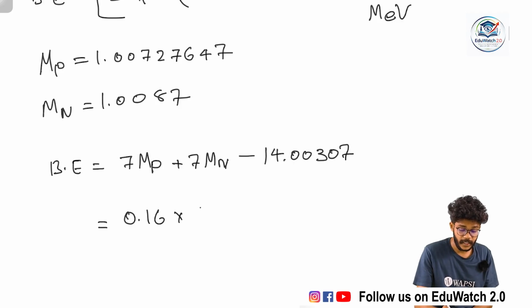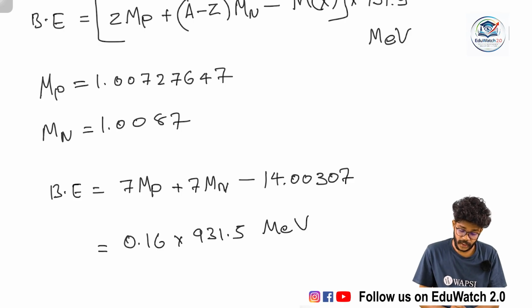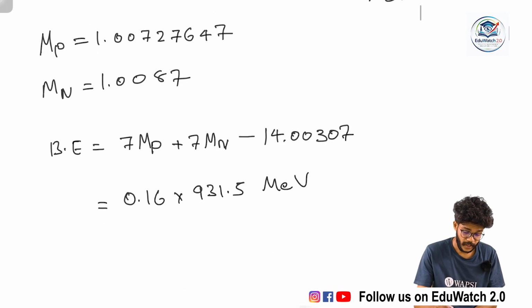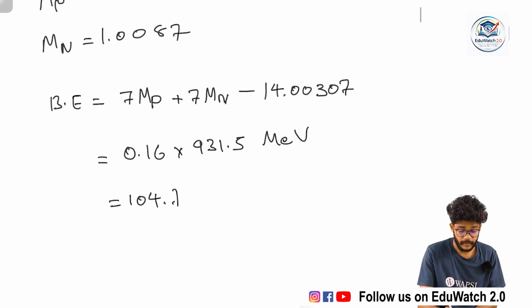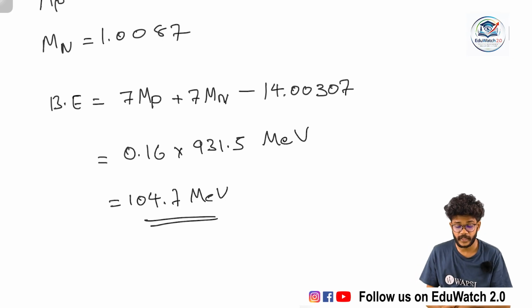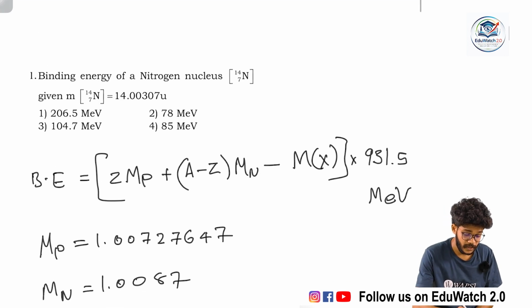That is multiplied by 931.5 mega electron volt, which is approximately above 100, and it is 104.7 mega electron volt. The binding energy is approximately 104.7 mega electron volt. This is just an approximated value. So from the options we can answer 104.7 mega electron volt.